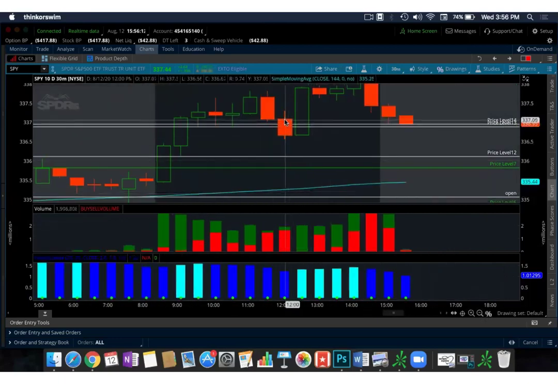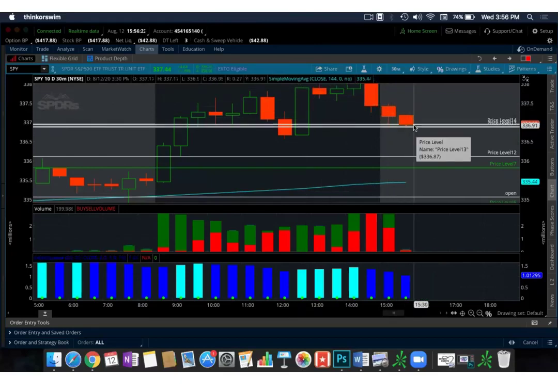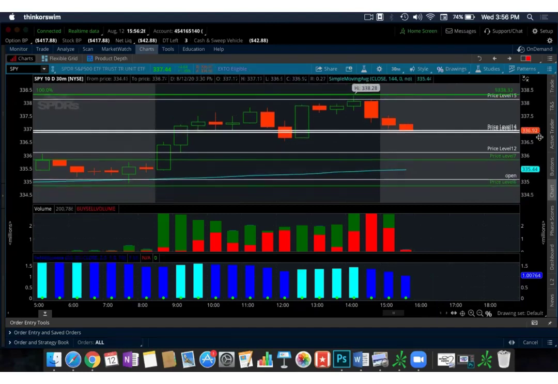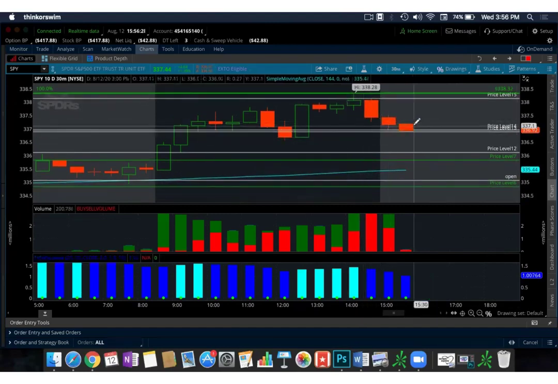Once we were able to break through those, we had a small flush, but it was met again by a tremendous amount of buying. You can see at the end of the day, we still were not able to break our overnight high. Even though the end of the day sell-off came, we still were not able to get under our overnight highs, which is extremely bullish from this standpoint.